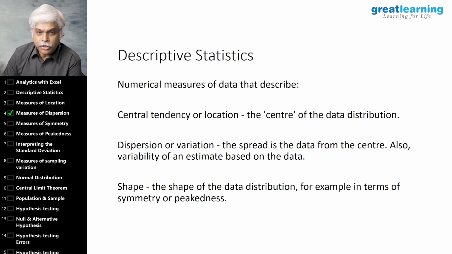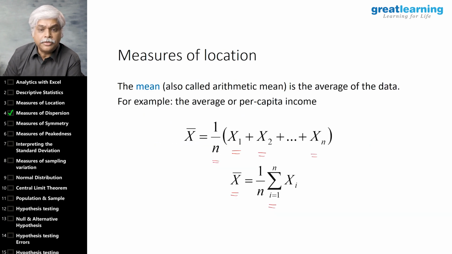We have already referred to measures of central tendency, such as the mean, which is the average of the data. The average here referring to the simple addition and then division by the number of observations. For example, the average or per capita income.